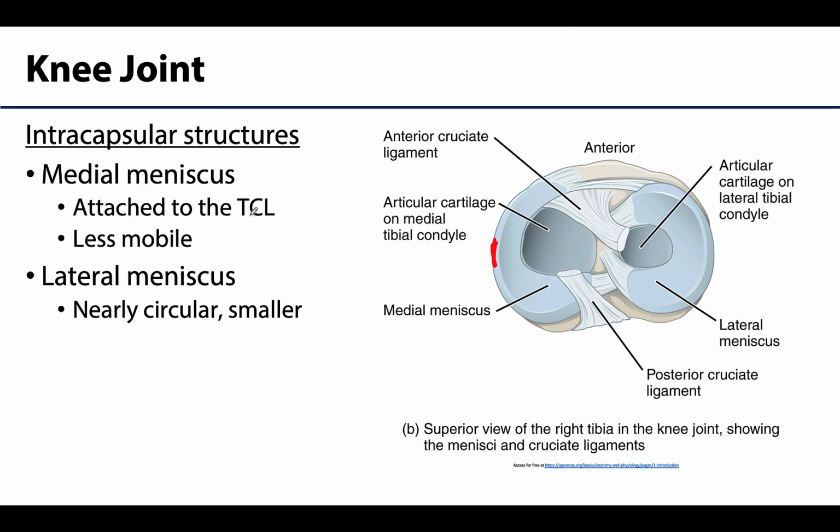So that attachment between these two structures is key. The lateral meniscus is nearly circular, so you almost have a complete circle, but not quite, and it tends to be smaller. Usually it's going to be less frequently damaged than the medial meniscus.